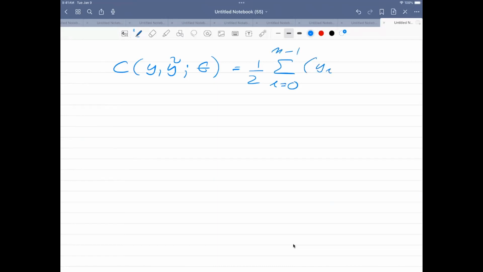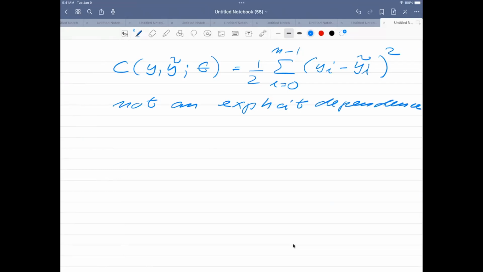So we have y minus y tilde squared. This does not have an explicit dependence on theta, which in our case is a collective container of W1, B1, W2, and B2. And these are all scalars.